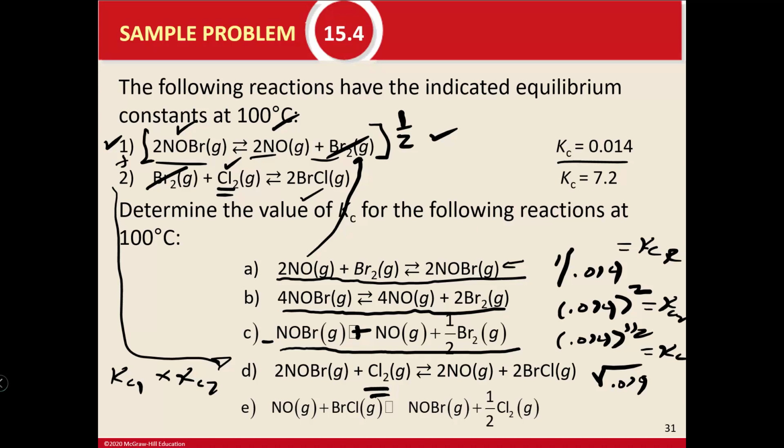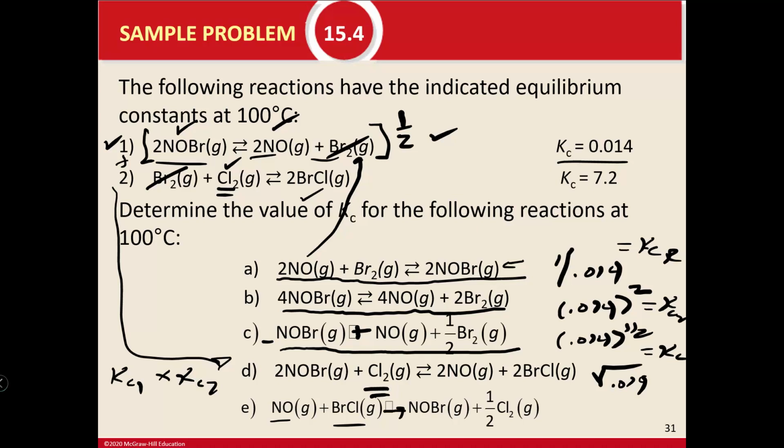And then the last one, you can see that it's flipped, and we are still combining the reactions.